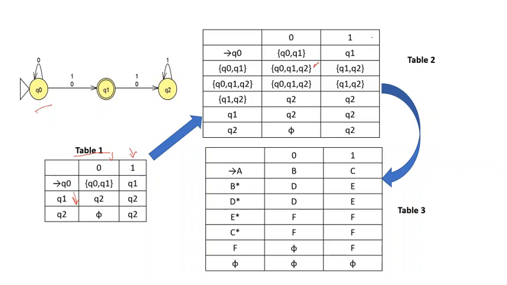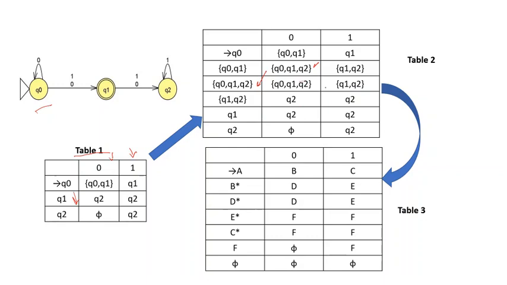And Q0 Q1 taking 1 goes to Q1 Q2. So two states are generated, and we have to include them here as well. Again taking 0, it goes to the same thing, Q0 Q1 Q2, and taking 1, Q1 Q2.